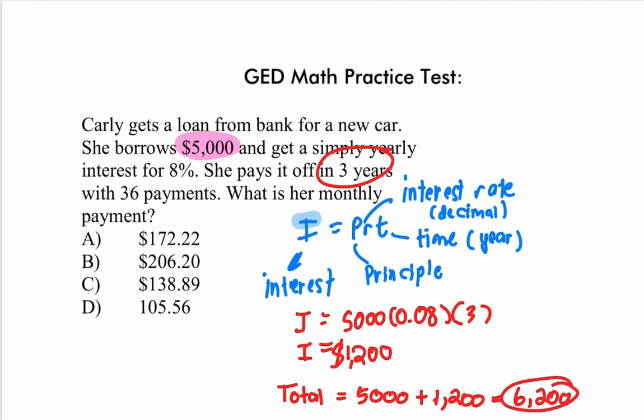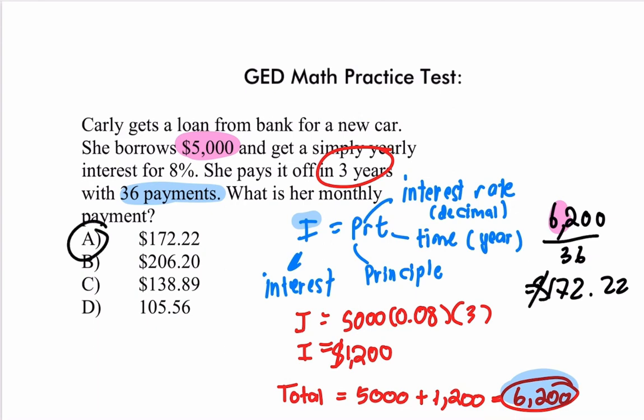She will pay in 36 payments, and they ask for her monthly payment, so we need to divide 6,200 by 36. 6,200 divided by 36 is 172.22. The answer is A.